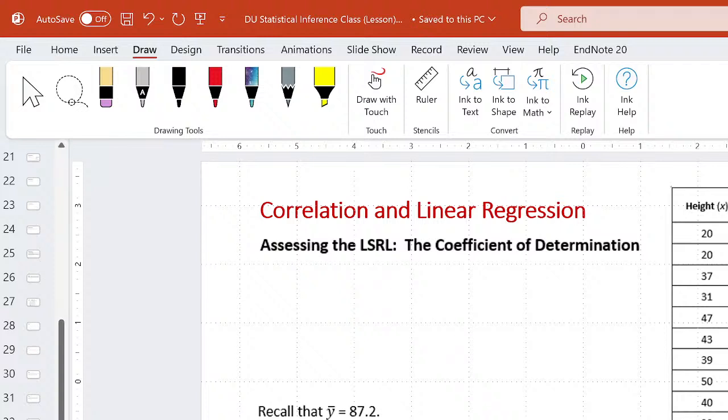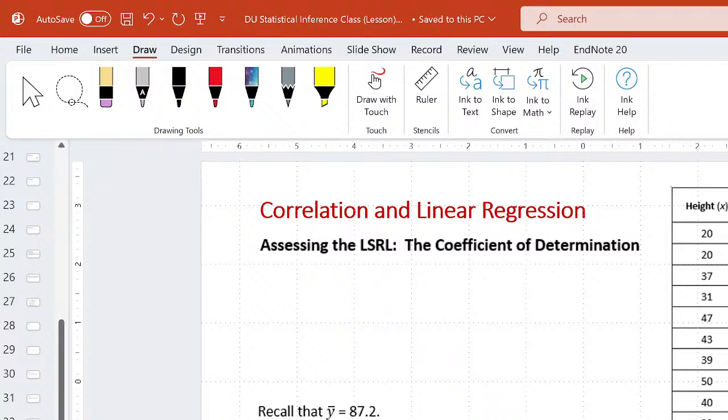That means the error sum of squares is 0, and the model sum of squares is the total sum of squares. So if the model is perfect, dividing the model sum of squares by the total sum of squares gives you 1.